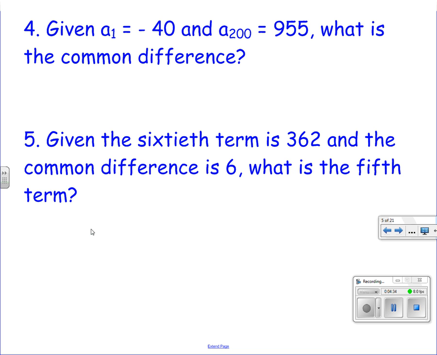All right. Number 4, given A1 is negative 40 and A200 is 955, what is the common difference? Jacob, help me set this one up using the formula. What do I write? Good.